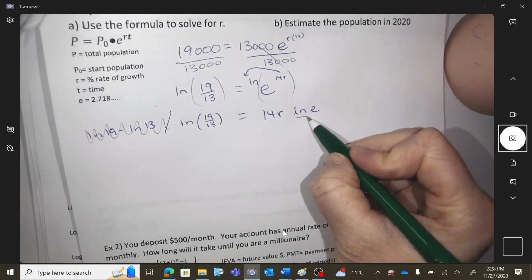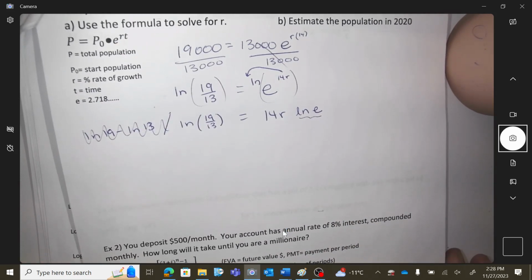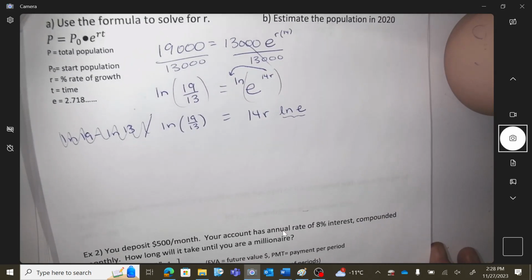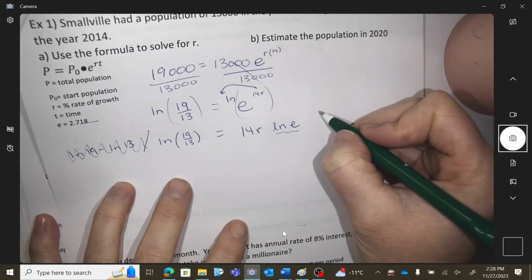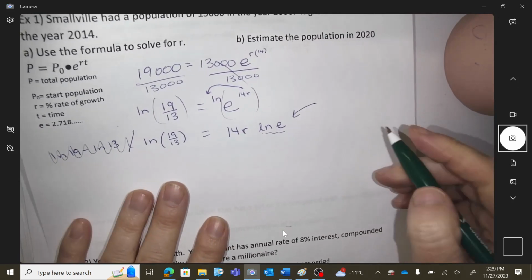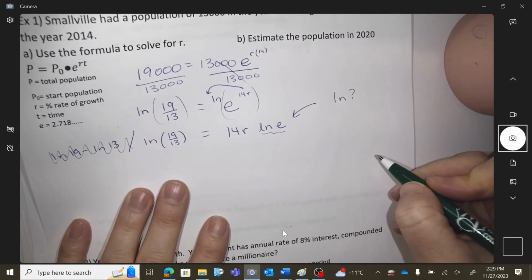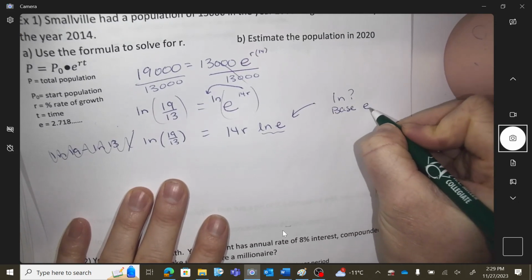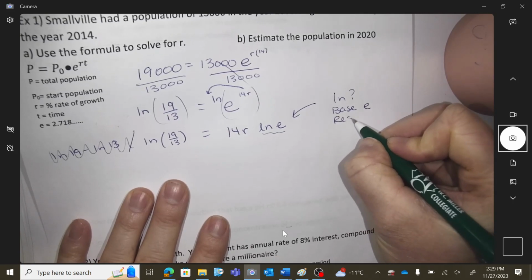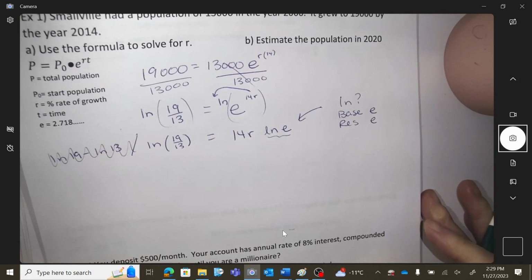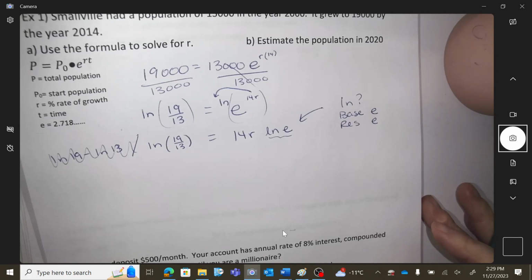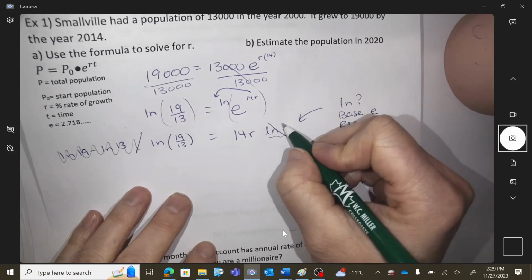Okay, do we remember what the ln of E is if we push that into our calculator? When you use ln, natural log, what's the base? The base is E. The result is E. So what's the value of this? 1.